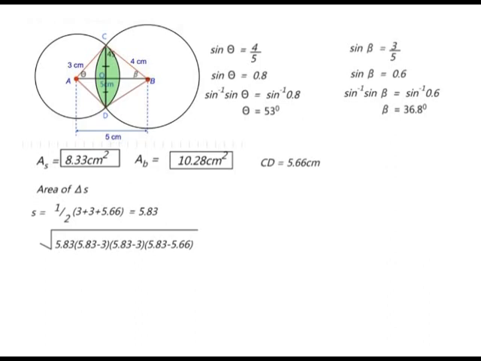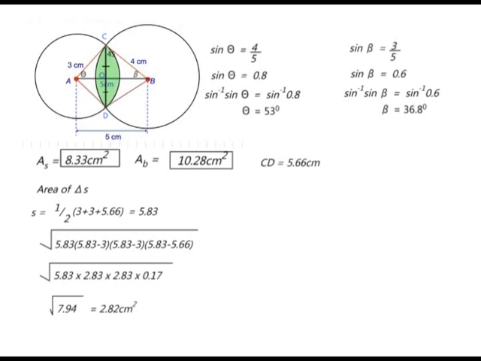That will give us 5.83 times 2.83 times 2.83 times 0.17. That gives us 7.94, square root of which is 2.82. So the area of the small triangle is 2.82 centimeters squared.